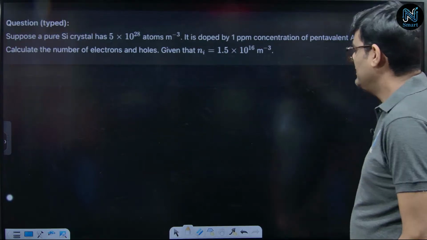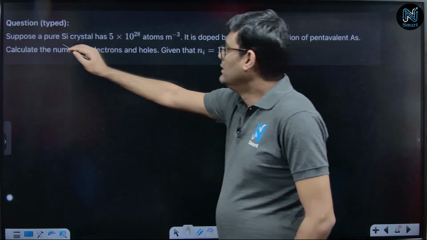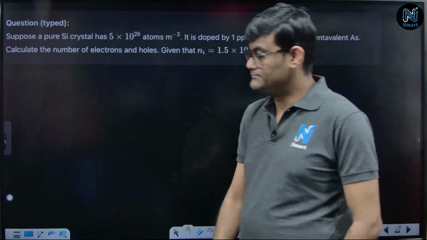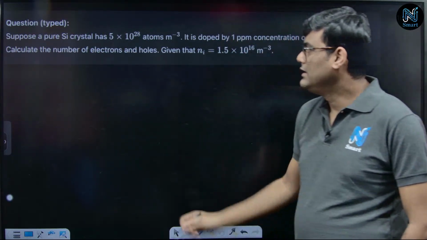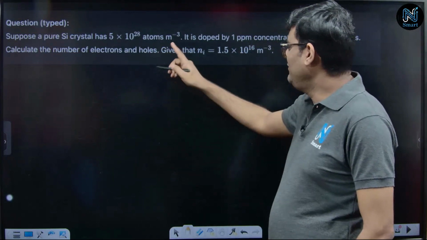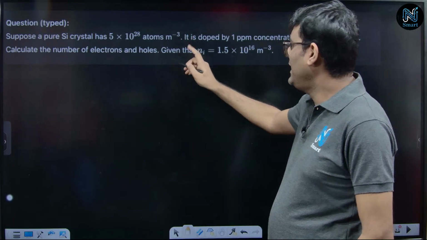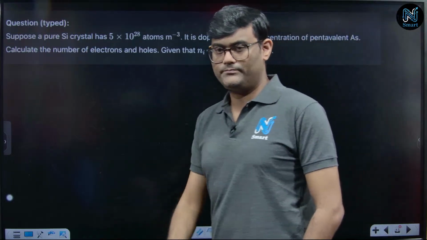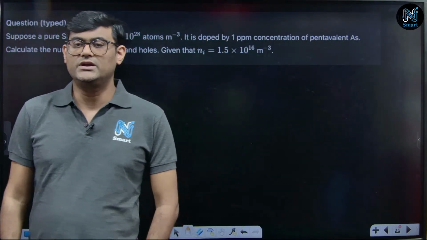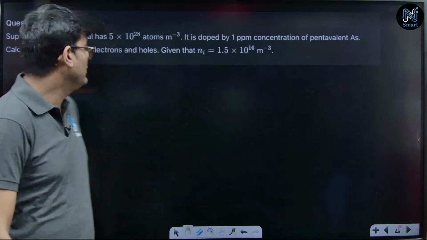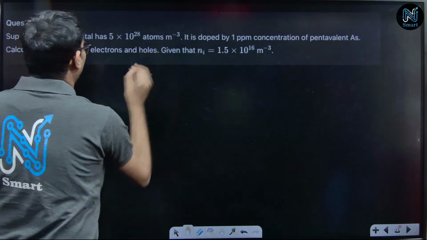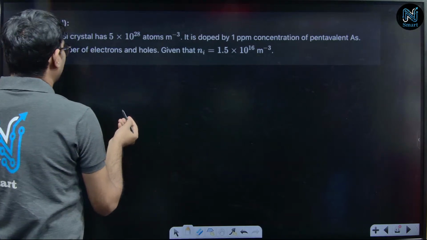Moving forward to the next question. Suppose a pure silicon crystal has 5 into 10 power 28 atoms per meter cube. This is the concentration of the atoms.